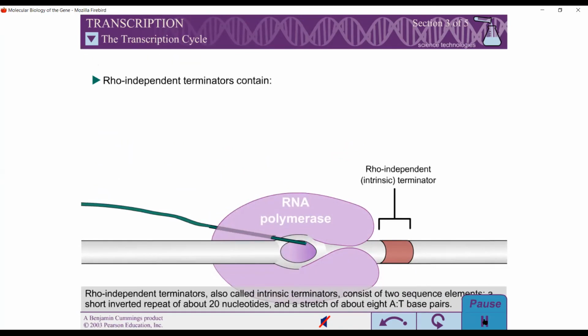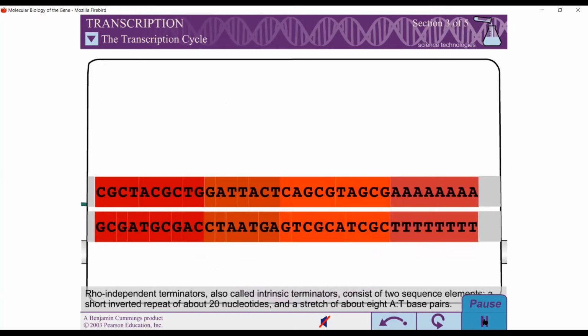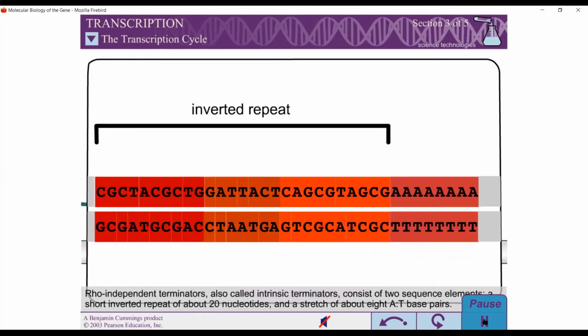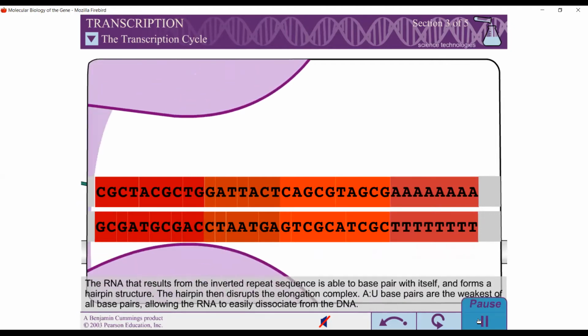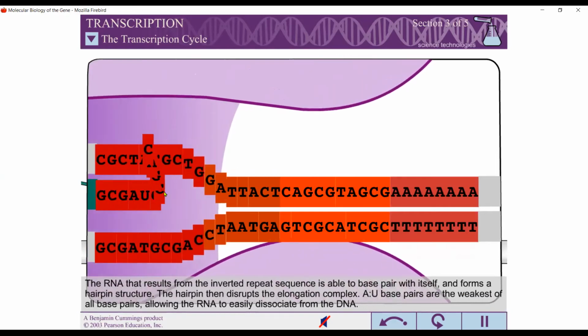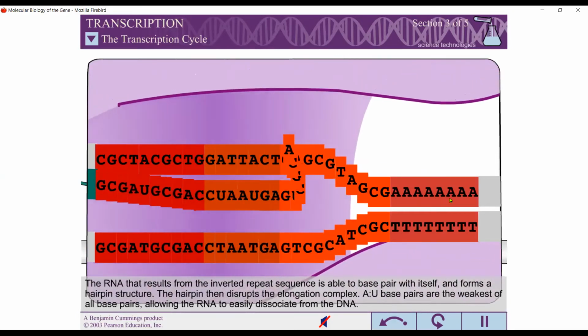First is rho-independent terminators. You can see the inverted repeats in the DNA, and corresponding to the DNA, there will be an mRNA synthesized. So polymerase is now transcribing the terminator region.